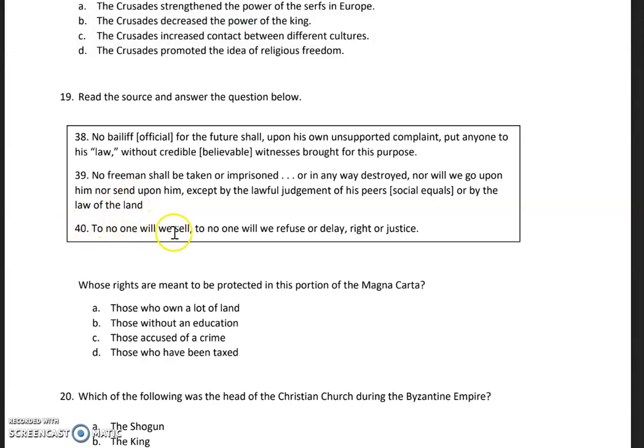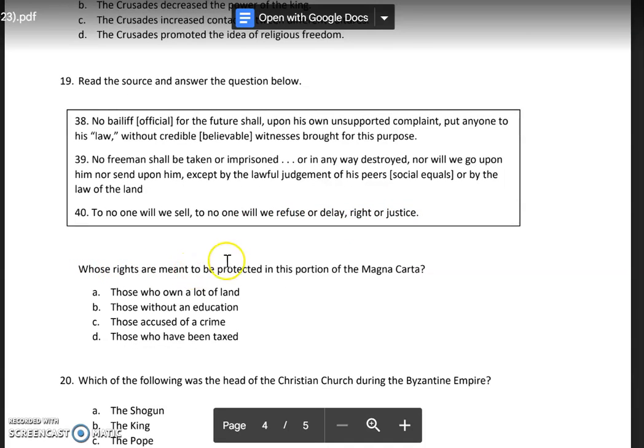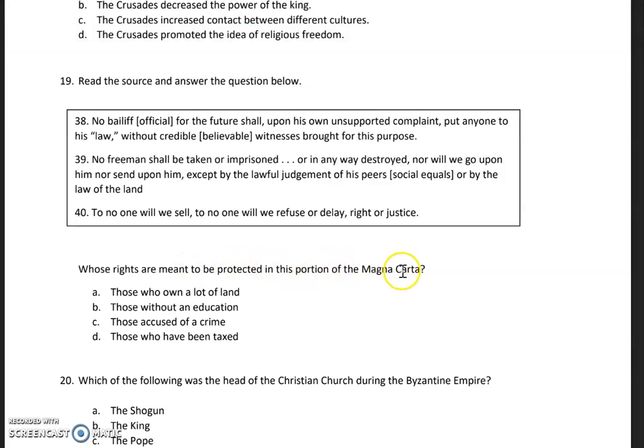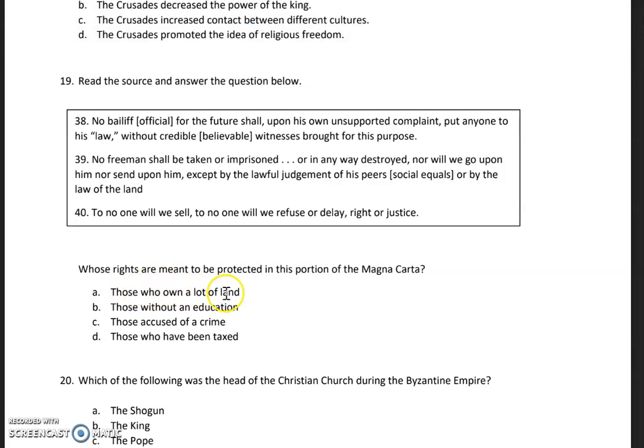To no one will we sell, to no one will we refuse or delay right or justice. Whose rights are meant to be protected in this portion of the Magna Carta? A. Those who own a lot of land. B. Those without an education. C. Those accused of a crime. D. Those who have been taxed.